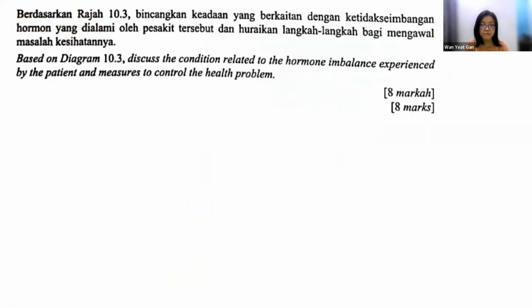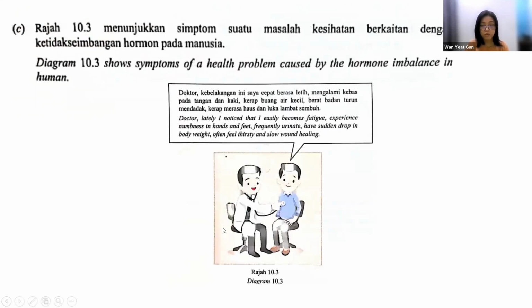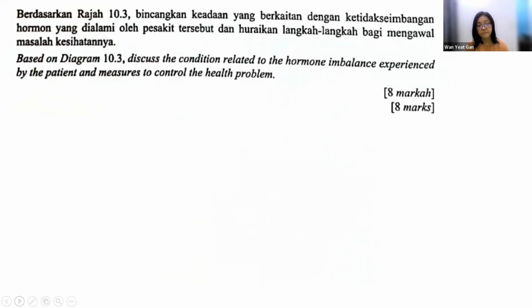These are the symptoms related to diabetes mellitus. But the question did not say so, you should know that these are some of the symptoms associated with diabetes mellitus. You must be able to infer from the question what kind of disease this patient is suffering from.